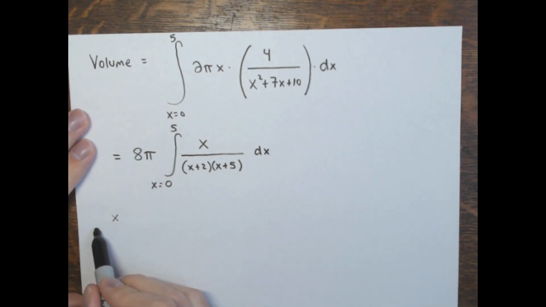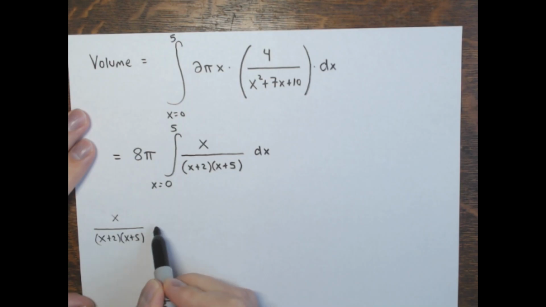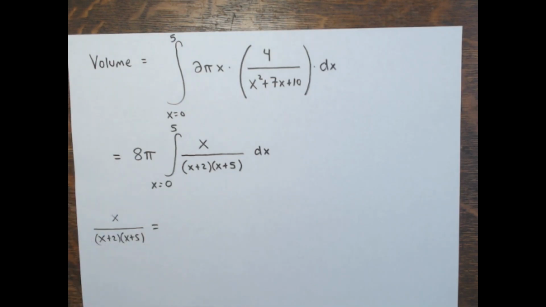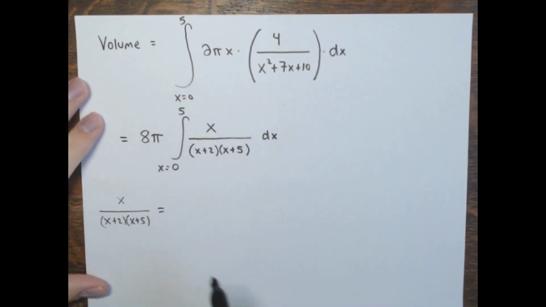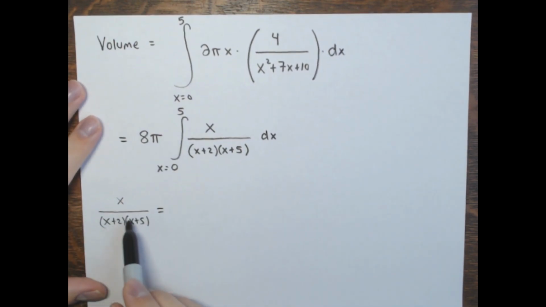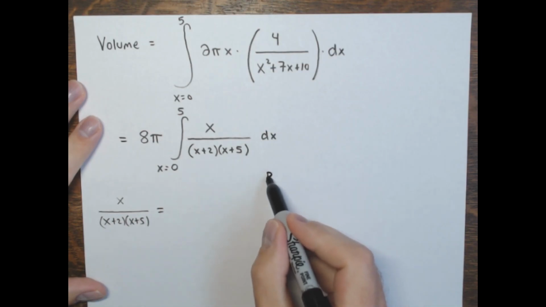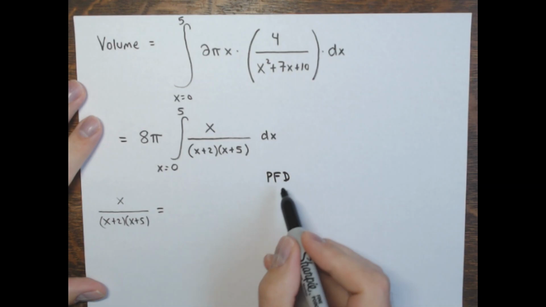So this x over x plus 2 times x plus 5, proper fraction. I should be able to rewrite this now as a sum of other proper fractions, where the number of fractions is going to be the same as the number of factors, right? And none of them are repeating. None of these are to the second power or higher, you know? So here's my partial fraction decomposition, PFD over here.